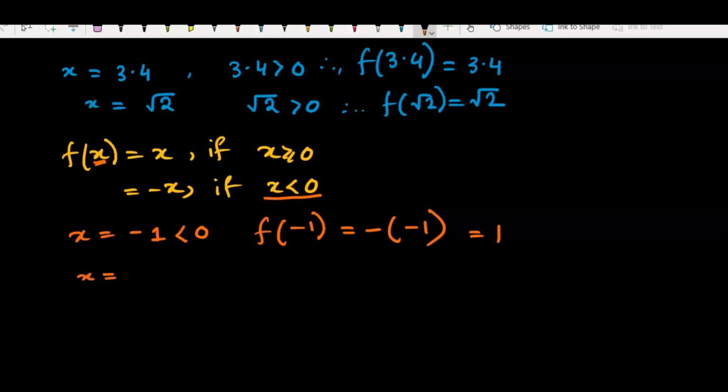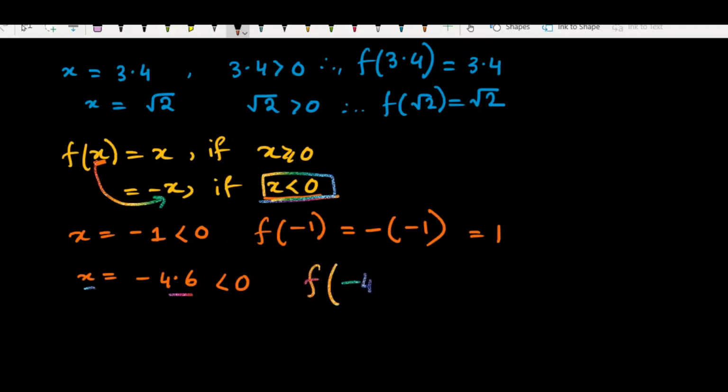Again, let's take x is equal to minus 4.6. This is also less than 0. So when x is less than 0, x goes to minus x. Here x is less than 0, so f(minus 4.6) will go to minus of minus 4.6, so we will get 4.6.